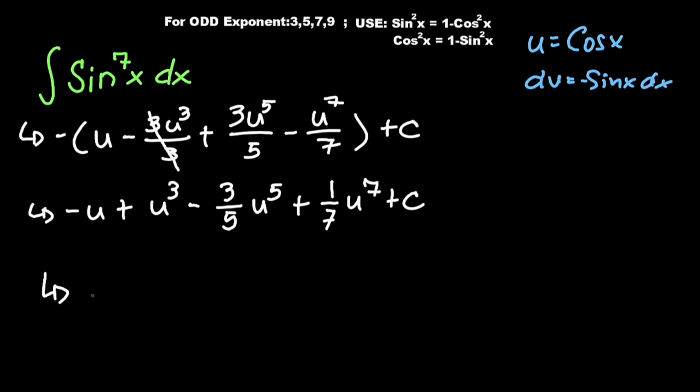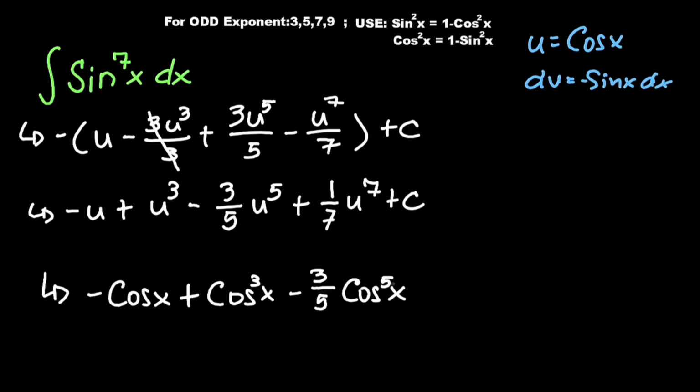And so the final answer would be negative cosine of x plus cosine cube of x minus 3/5 cosine to the power of 5 of x plus 1 over 7 cosine to the power 7 of x plus c.